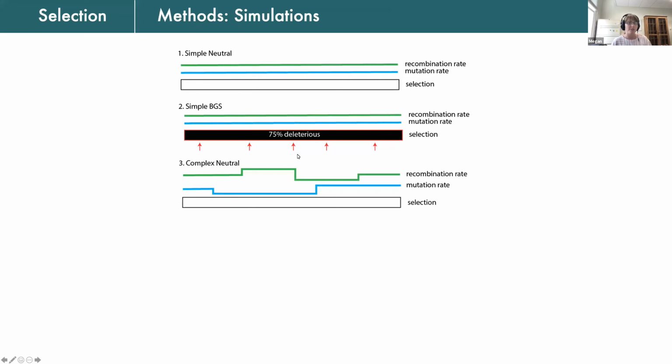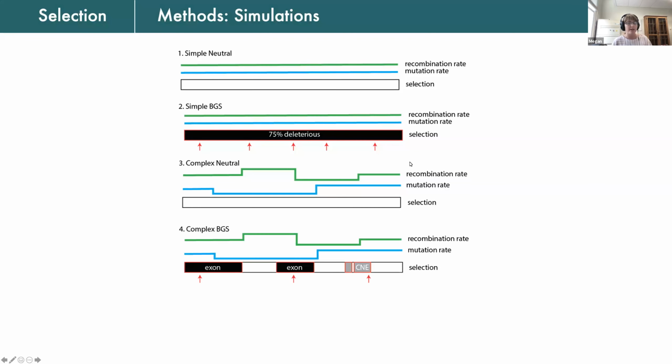We had a complex neutral model with variation in recombination and mutation rates across the genome, but no selection, and a complex background selection model. Here we have variation in recombination and mutation rates, and we have selection. This time, though, the selection only happens in exons and conserved non-coding elements, and selection is stronger in exons. And the genomic architecture here was based off the Drosophila genome.